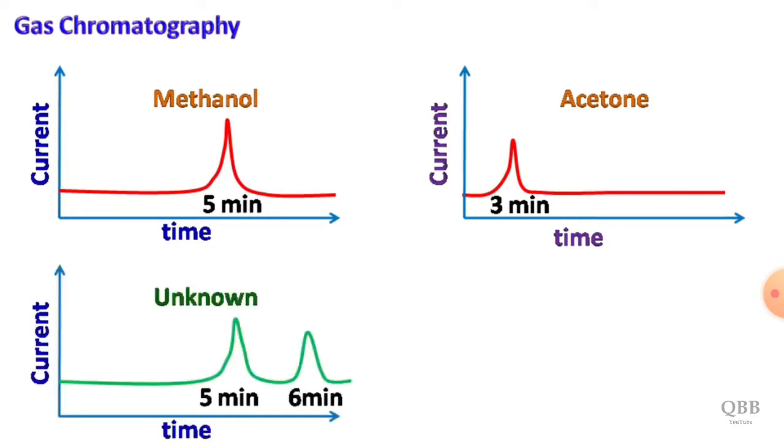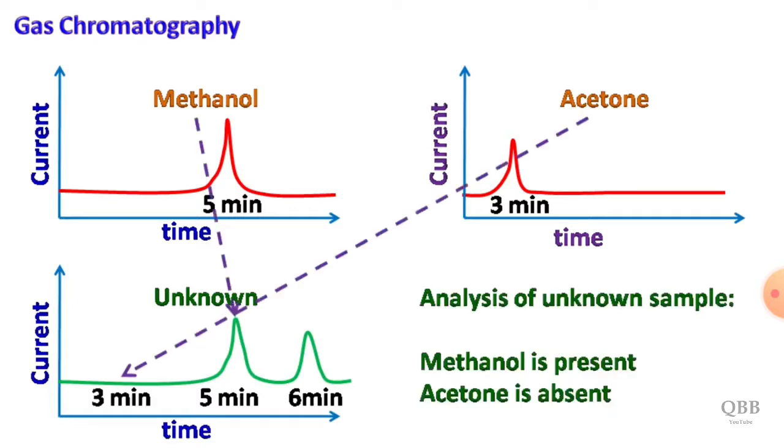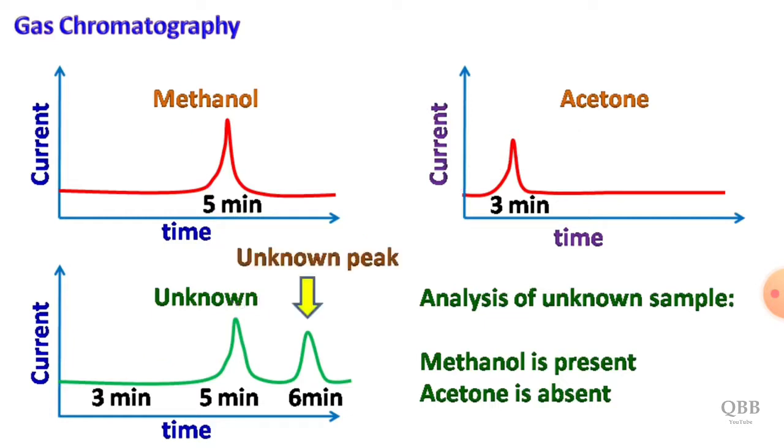Next we run an unknown sample and we get this chromatogram. Using the information from the standards, we can say that in the unknown sample methanol is present and acetone is absent. The remaining peak is still unknown.